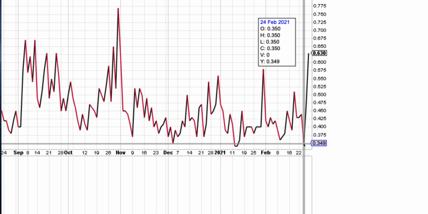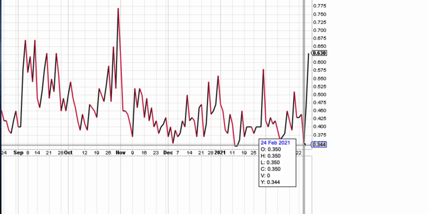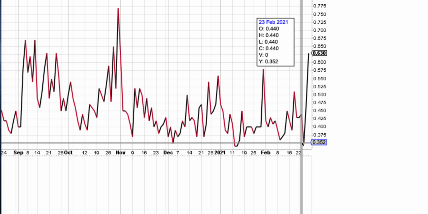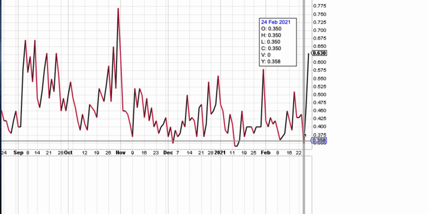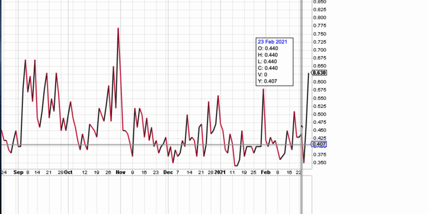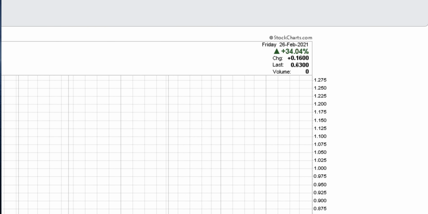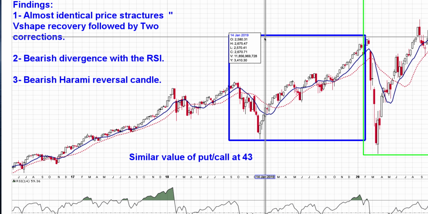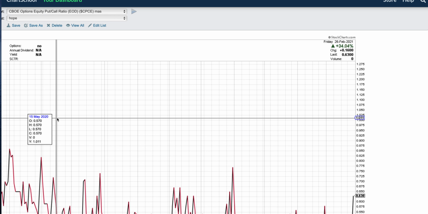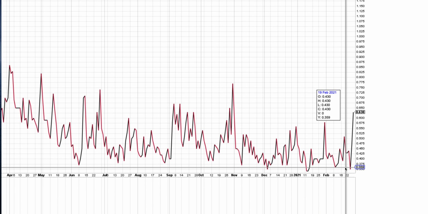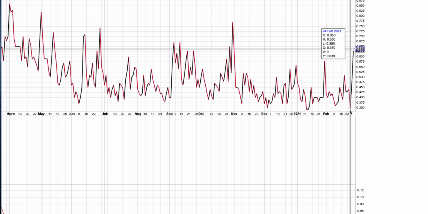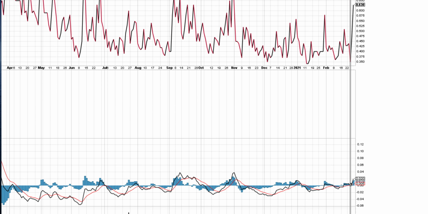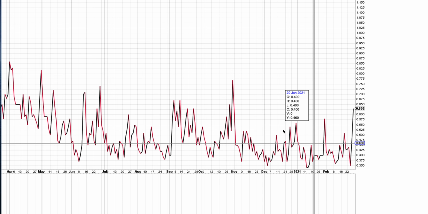I think it was 43, maybe 35 is the beginning of this week. So it went up all the way to 63. Okay? So conclusion, a sharp increase in the put to call came with a bullish crossover in the MACD and stochastic, which indicates more upside.